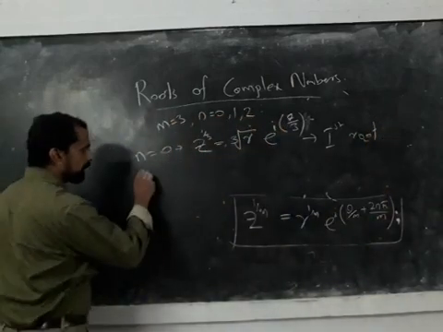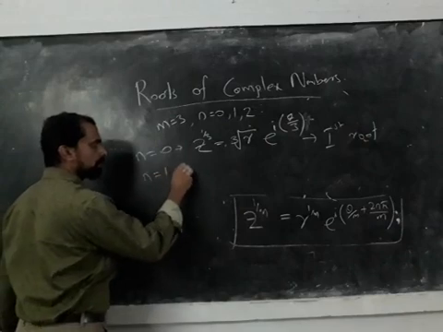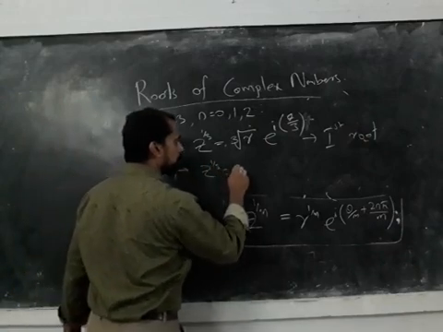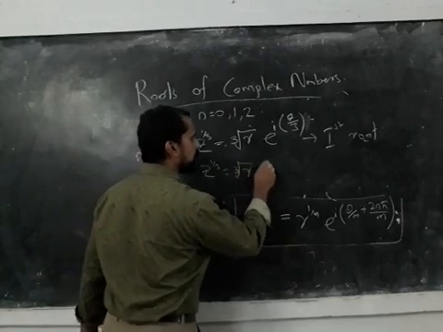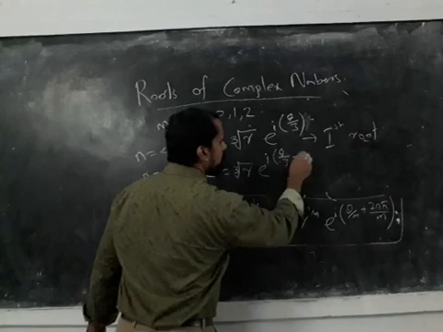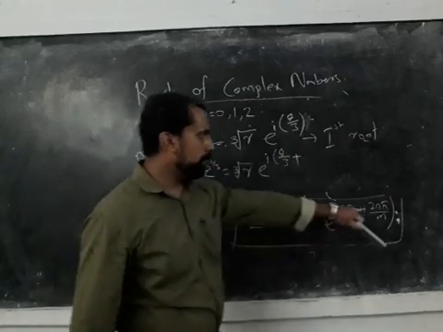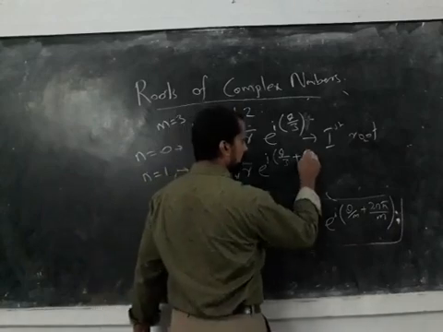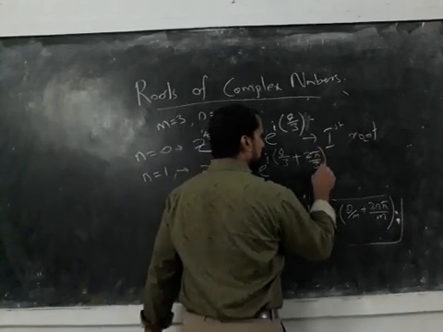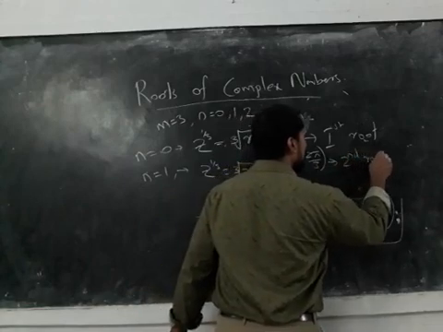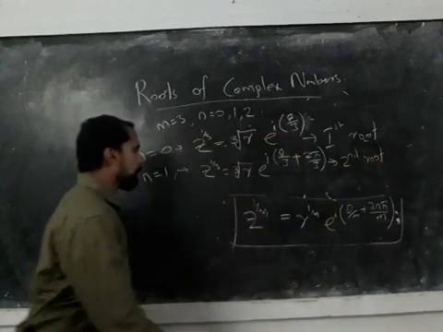Then n is equal to 1. So z raised to 1 by 3 is equal to cube root of r e raised to i theta by 3 plus 2 pi by 3. This is the second root.